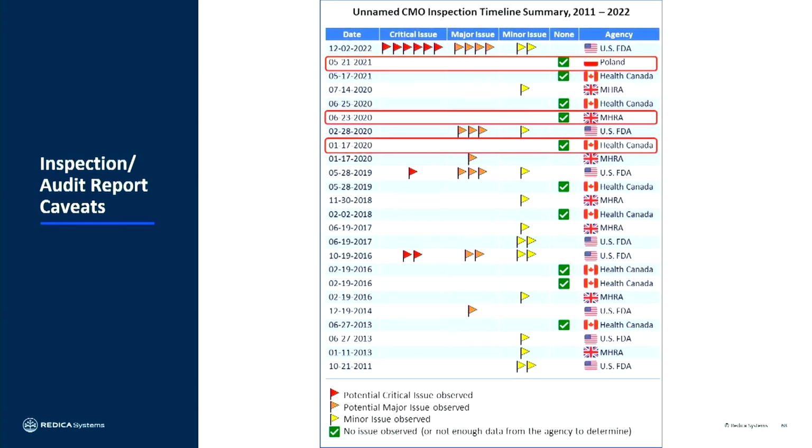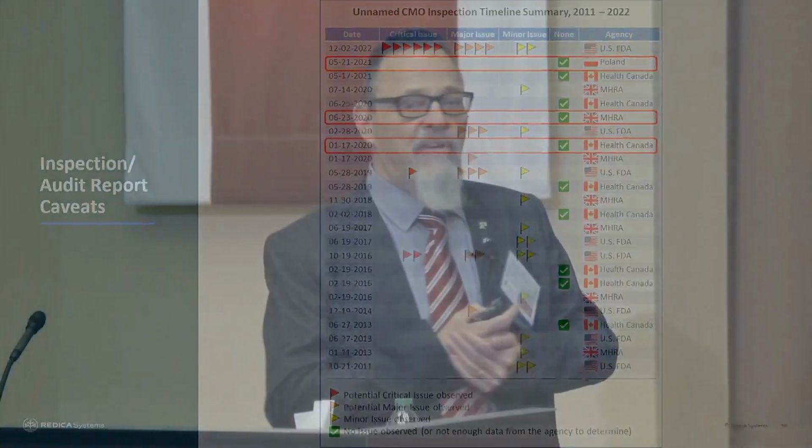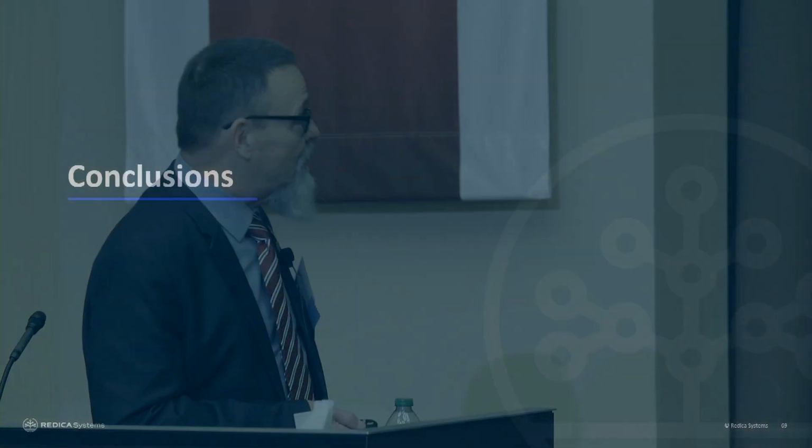So they're snapshots in time. Maybe they were in there for one day. Maybe they were in there to look at a specific thing. Maybe there was a customer complaint about a particular thing and it's all they looked at, right? Who knows? The point is that you need to be cautious with inspection results, right?